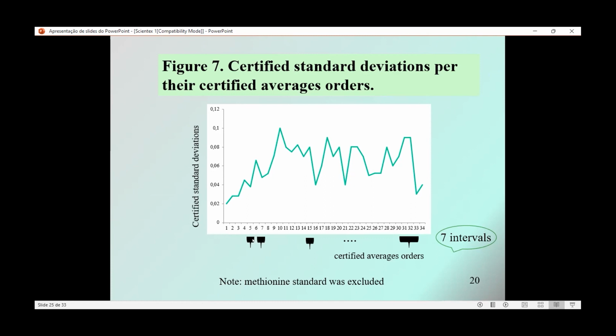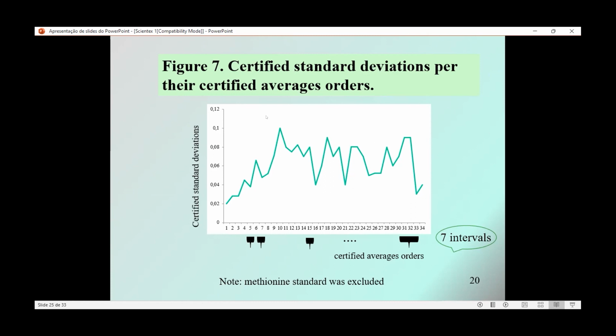So, a lot of results of uncertainty are significantly different here, and here. In fact, we had 7 intervals where this happened. And the methionine was excluded again.